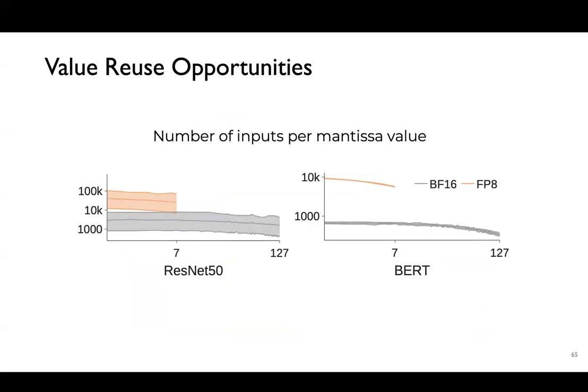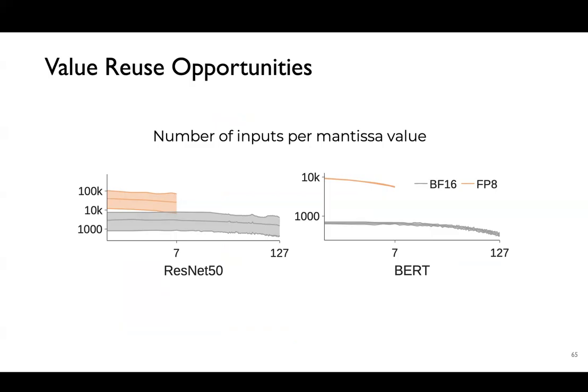Before diving into Carrot's implementation, let's look at how much opportunity we have for value reuse. Here we show the per layer number of inputs per unique mantissa value for ResNet 50 and BERT, representing vision and language models.